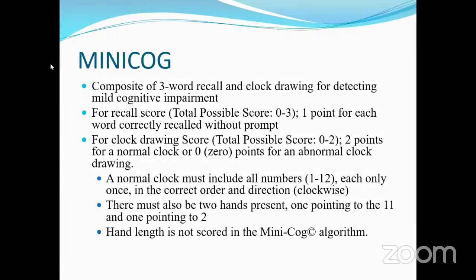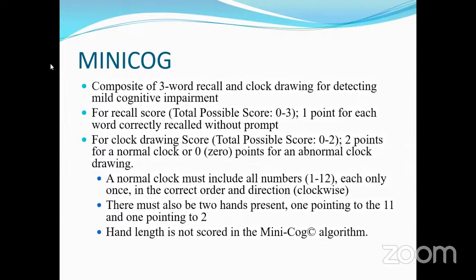Mini-Cog is another test for cognition. 3-word recall, very simple too. 3-word recall is the first one. 1 point for each word correctly recalled without prompt. And then there is the second part, apart from the 3-word recall, that involves drawing a clock. So depending on whether the clock is normal, that includes numbers 1 to 12, and is done correctly, clockwise, you score it.